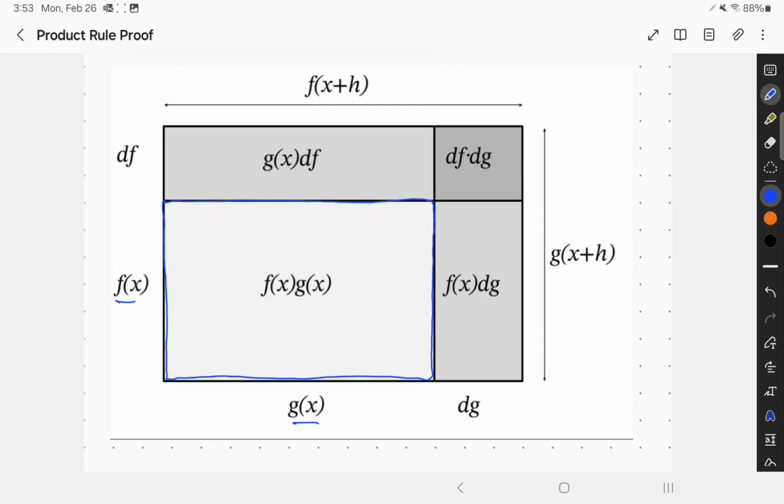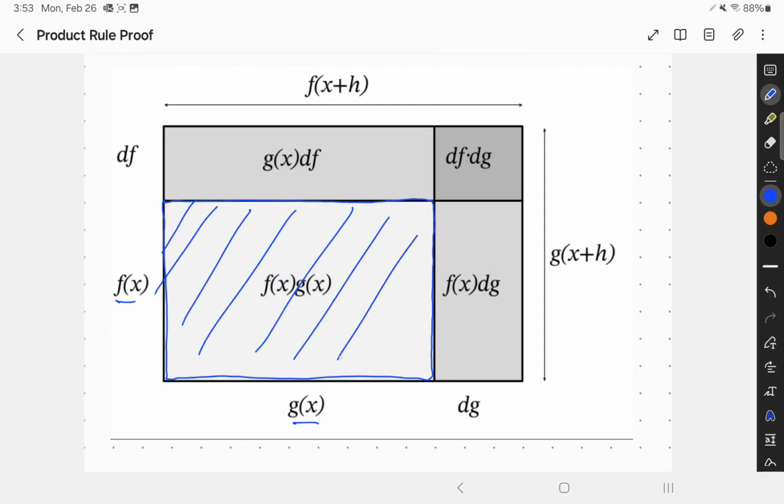So this is the part that eventually gets taken away in the limit definition of a derivative, because you do f of x plus h times g of x plus h, but we minus off the f of x times g of x. So this part here will be all gone when we subtract. So really the derivative is coming from these other 3 areas.